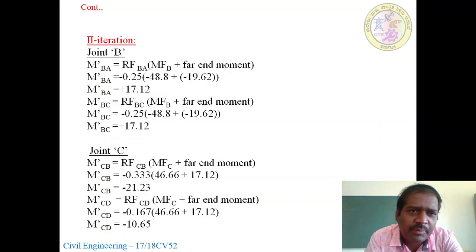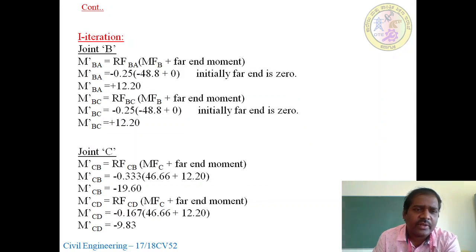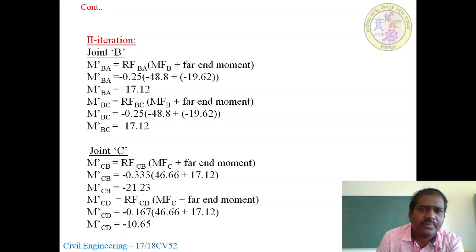Now we come to the second iteration. In the first iteration we calculated M dash BA, M dash BC, M dash CB and M dash CD. Now in the second iteration, same equation: rotational factor of BA into MFB plus far end moment, minus 0.25 into minus 48.8 plus, it was 0 earlier, now you have a value, 19.6.